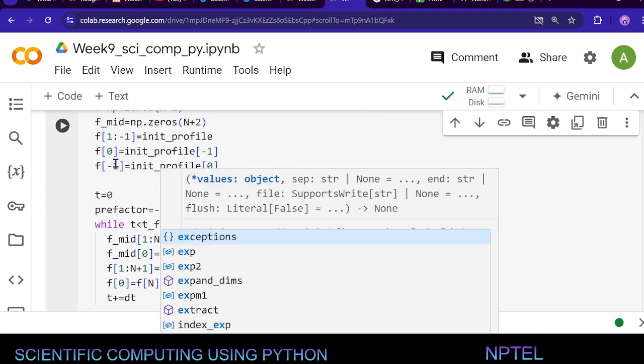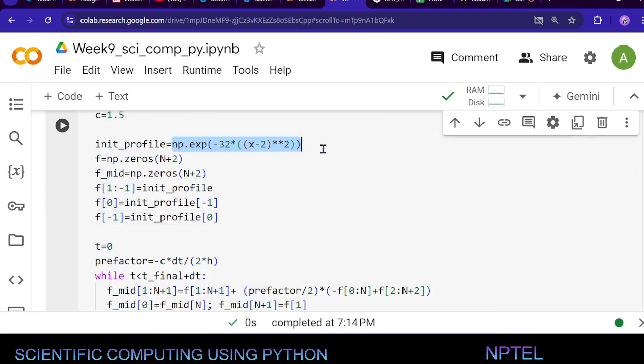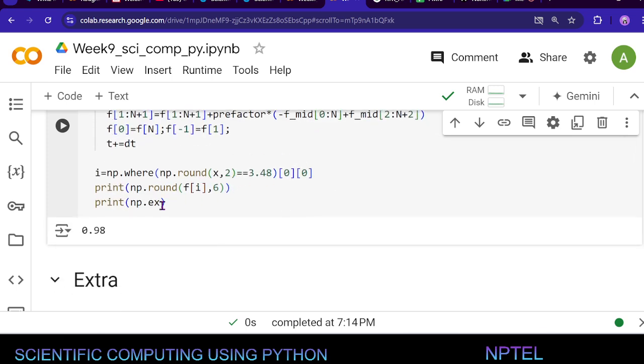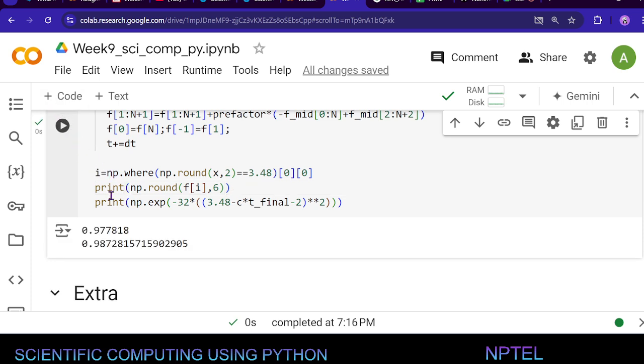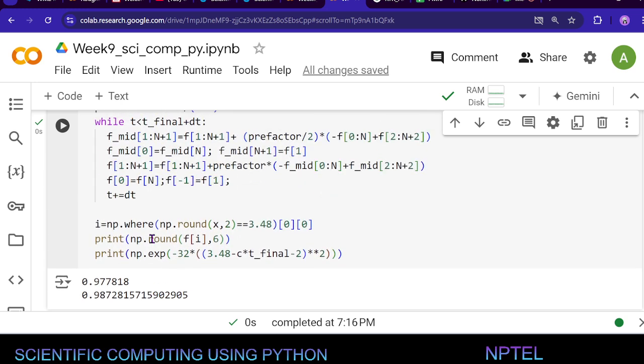So the same function as initially, and instead of x I have 3.48 minus c times t final. Yeah, 0.987281 and this is 0.977, so pretty accurate but not exact, as usual. Okay, any questions?